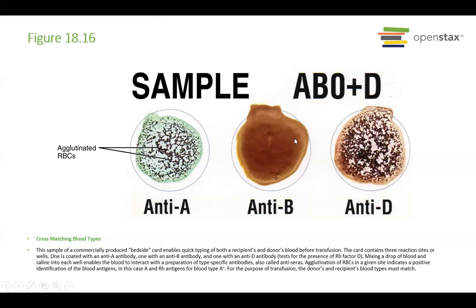If you are blood type A, you have anti-B, because you're A, you're anti-B. If you're B, you're anti-A.